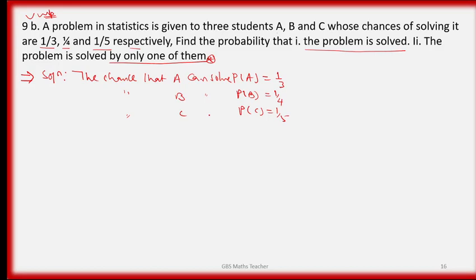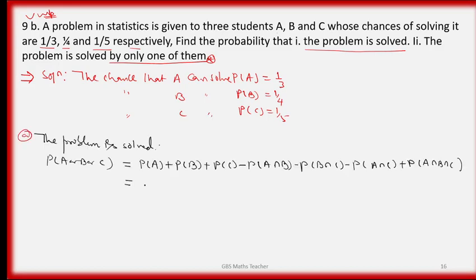Probability of A or B or C equal probability of A plus probability of B plus probability of C minus probability of A intersection B minus probability of B intersection C minus probability of A intersection C plus probability of A intersection B intersection C. यसलाई calculation गरौँ, we will obtain, you can put the value from here, you will get 3/5 answer.